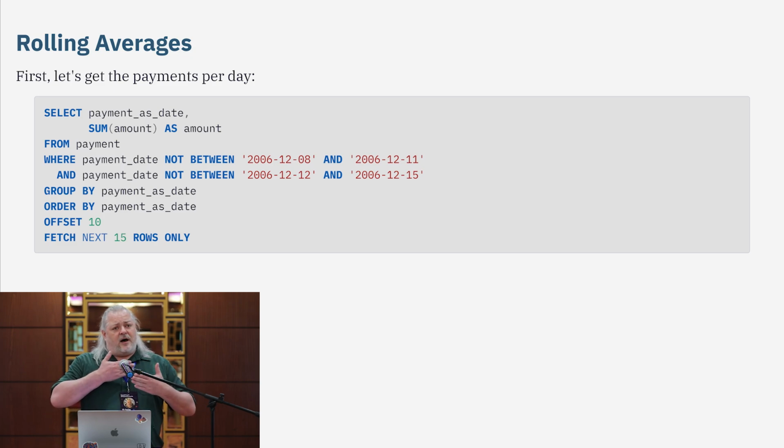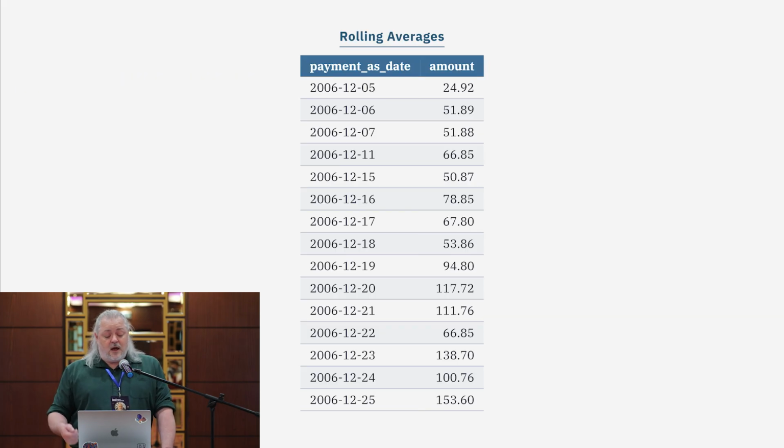Averages at the beginning of the window frame are kind of compressed because there aren't 7 days before to figure it out. So I'm just moving ahead 10 days and then showing you 15 from that. And I've decided to remove a couple of days so that you can see different averages. So this is our sample data for the rolling averages. As you see here, there are no windows or anything. This is just showing you what the data we're working on is. So this is our derived table.